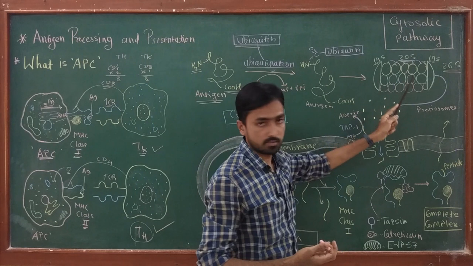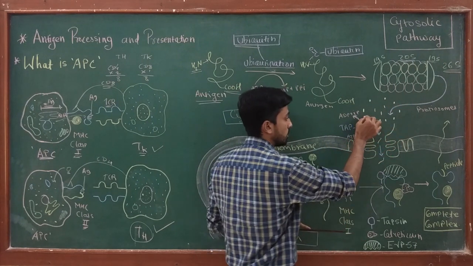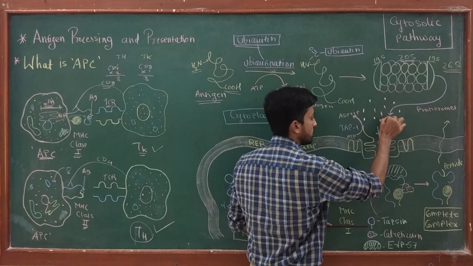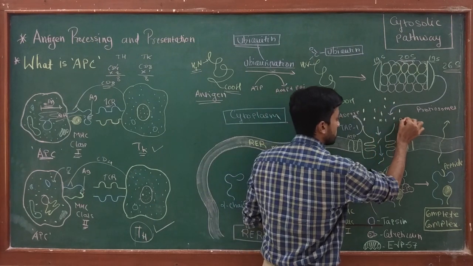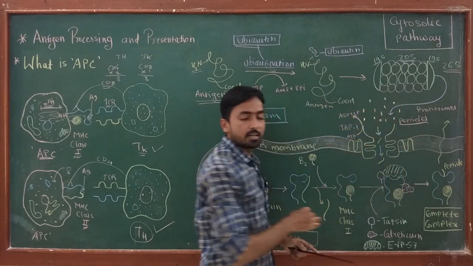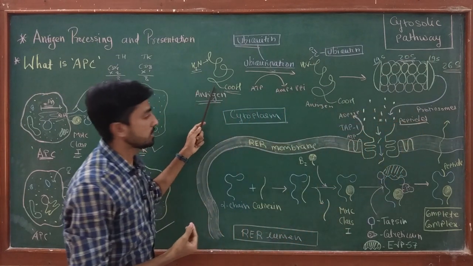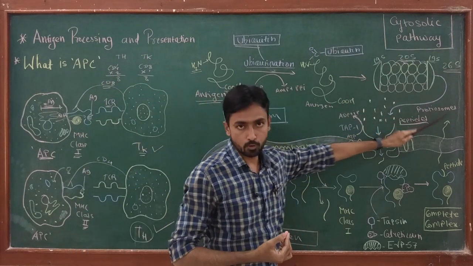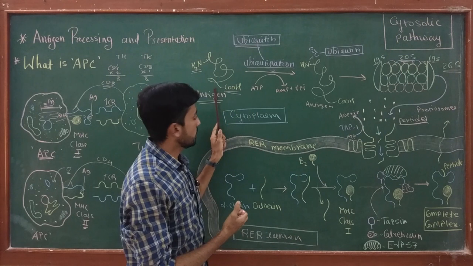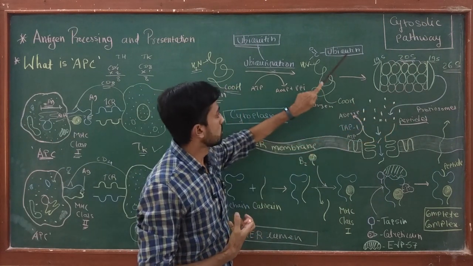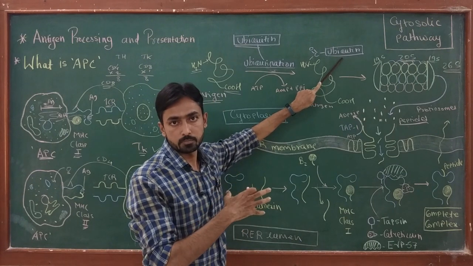And due to the action of these proteasomes, several fragments of the antigen are produced. Okay, here you can see peptides. These peptides are nothing but the fragments of antigen which are produced by this reaction with the help of the proteasome, and the protein which is degraded is identified by the proteasome by using the ubiquitin tag.